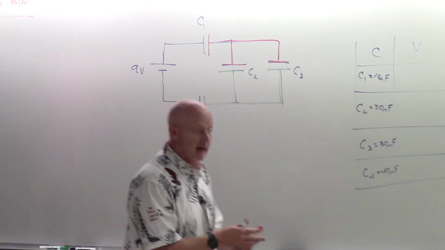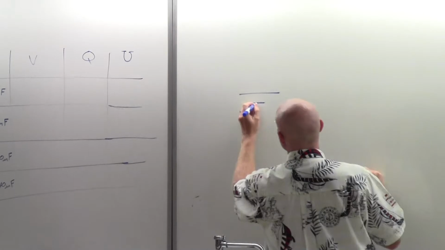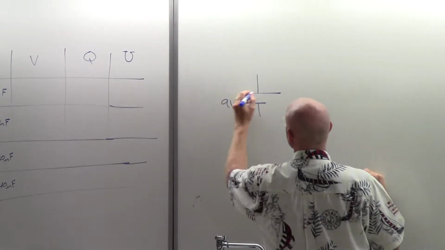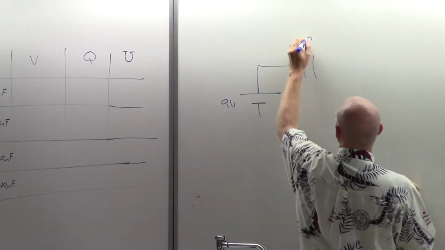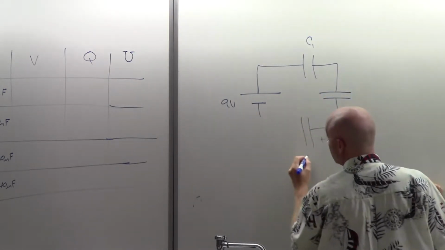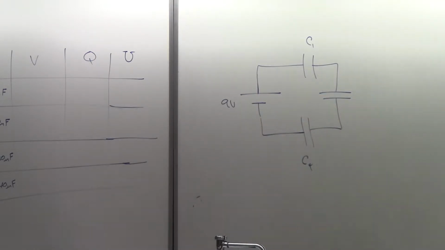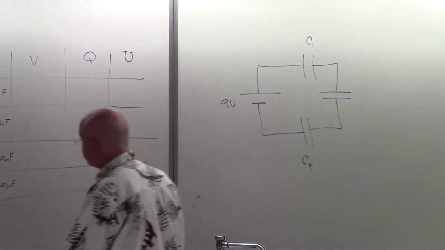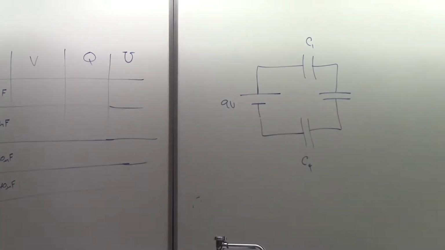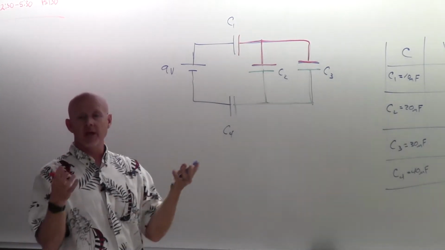And so my first step might be to redraw this and say this is equivalent to C1 left alone, some other value, C4 left alone, like that. So that's what that is equivalent to. And I could even calculate it, but I'm going to hold off on calculating it because when I draw that equivalent one, hopefully some other things go on in your mind.